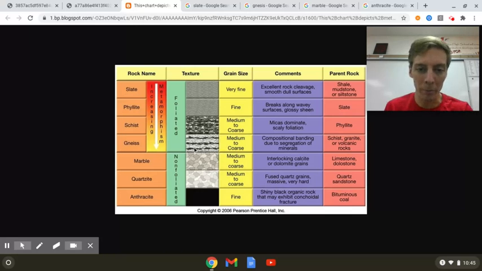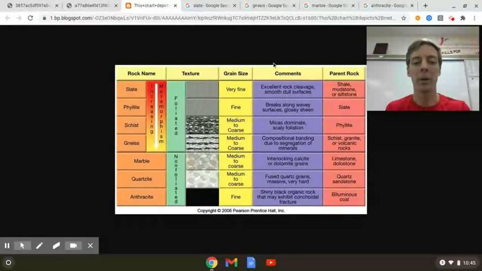So if you don't get bands and stripes, it's non-foliated. If you have bands and stripes, you're foliated. So we're going to split all of our metamorphic rock into stripes and polka dots. Something kind of interesting: usually these charts show fine to coarse. Down here, it's reversed. They show coarse to fine, and that's fine.